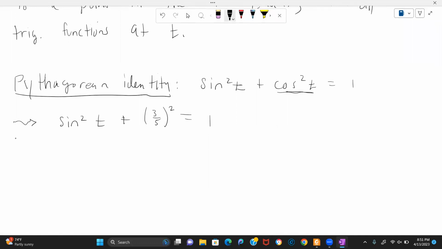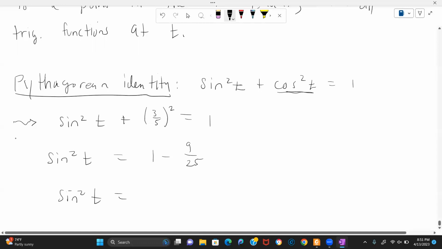This will be 9 over 25, and we can subtract that from 1. So sine squared t is equal to 1 minus 9 over 25, and when you combine these, you get 16 over 25.